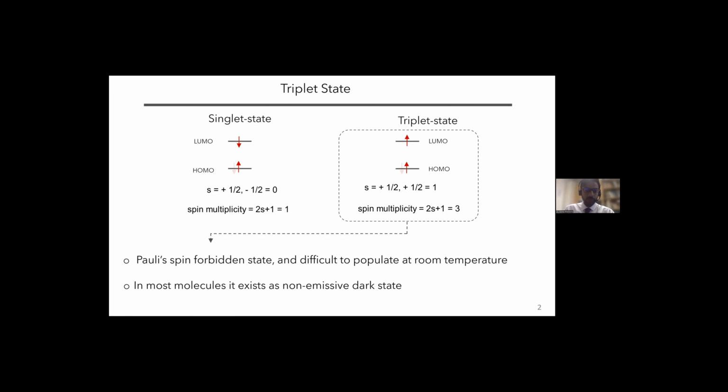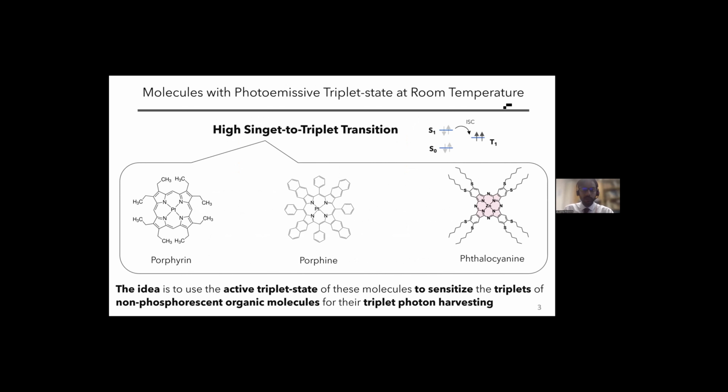But it is a spin forbidden state and it is difficult to populate at room temperature. In most organic molecules, it exists as a non-emissive dark state. However, in some molecules like porphyrin, phthalocyanins, because of the high singlet to triplet transition, these molecules show a photoemissive triplet state at room temperature.